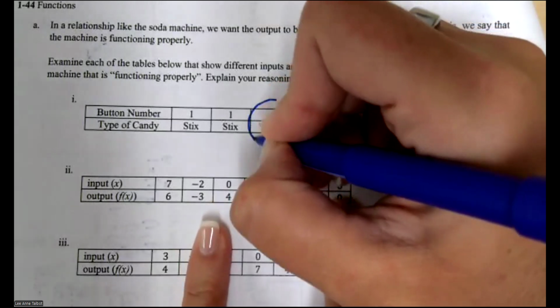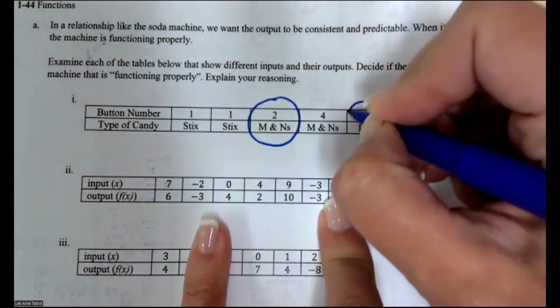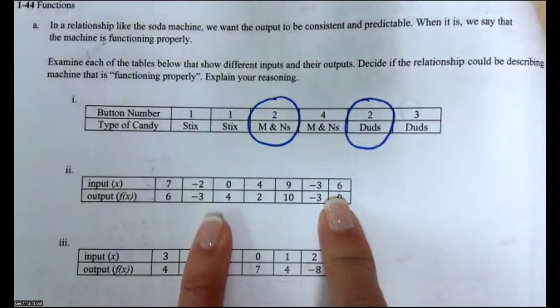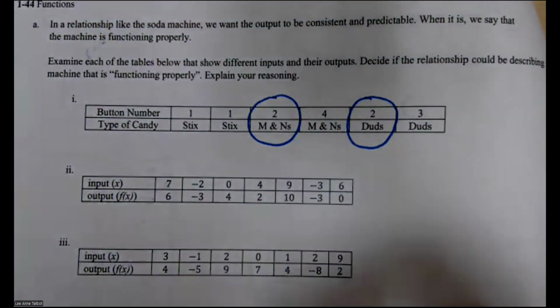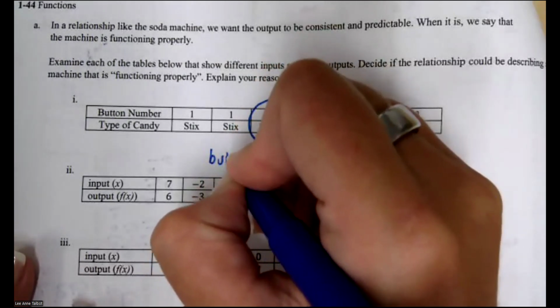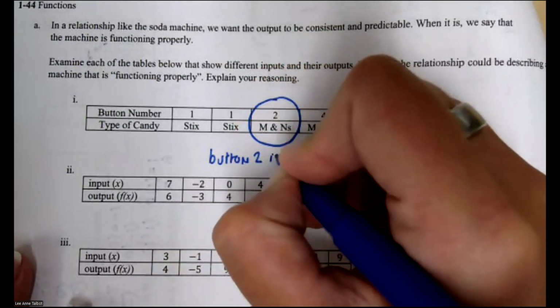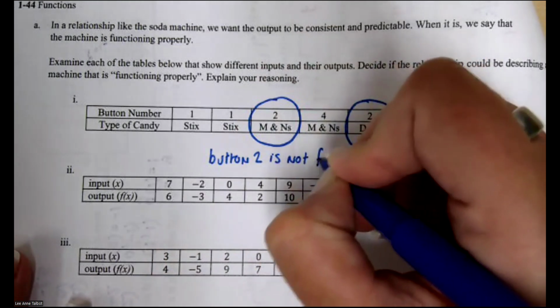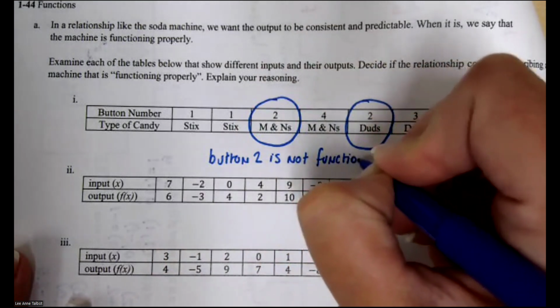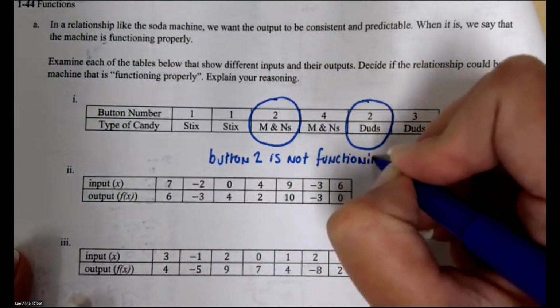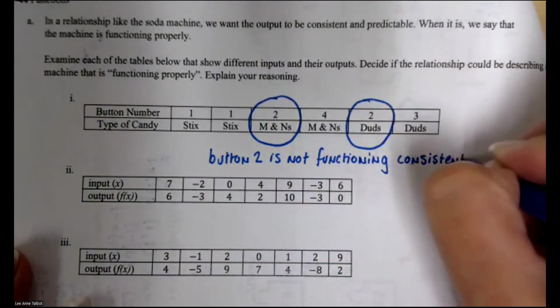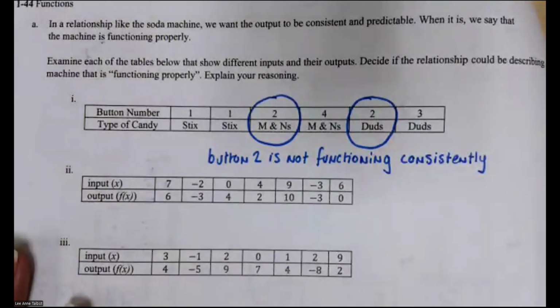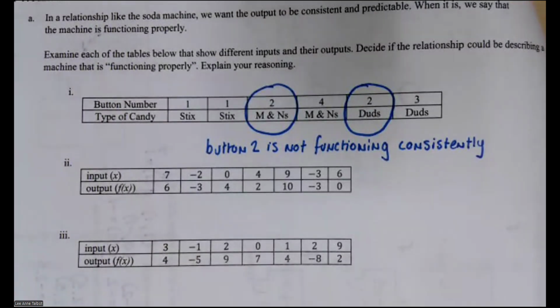So how we kind of show our work on these is we circle the two that show that it's not functioning consistently. And we say, button 2 is not functioning consistently.